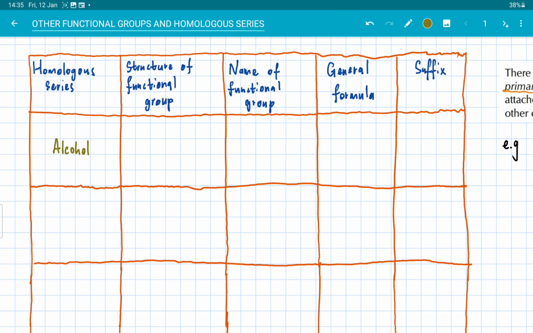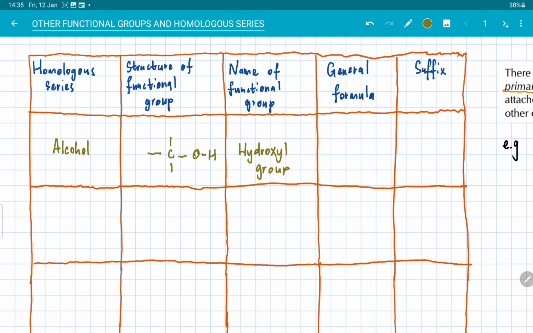The functional group of alcohols is always OH, attached to at least one carbon atom. As long as there is an OH, that makes the organic compound an alcohol. And this OH has a name, I think it's familiar: the hydroxyl group.